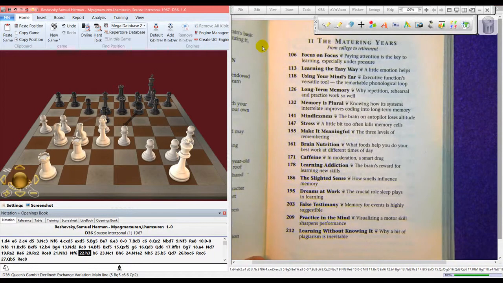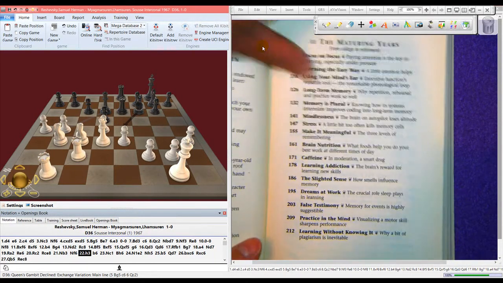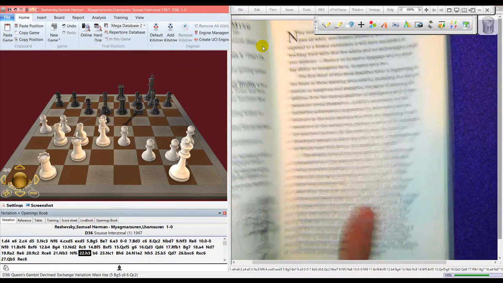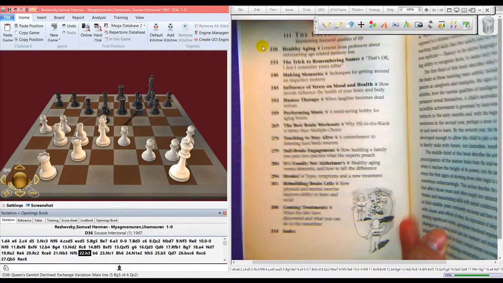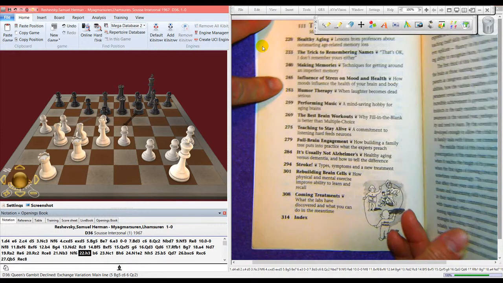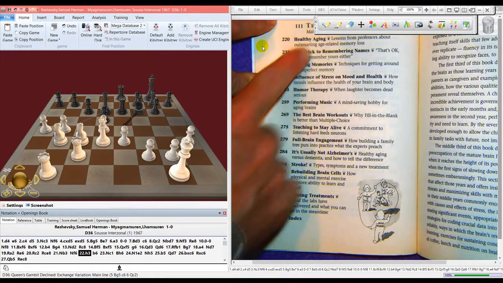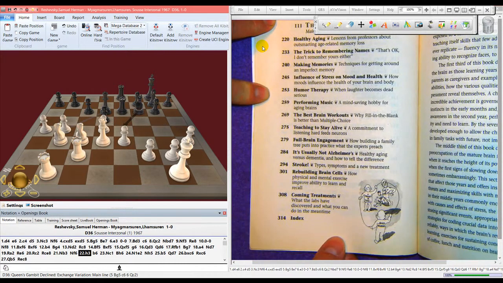And then part 2 is the maturing years from college to retirement. And then the rest is from retirement on, what they call the experienced mind.